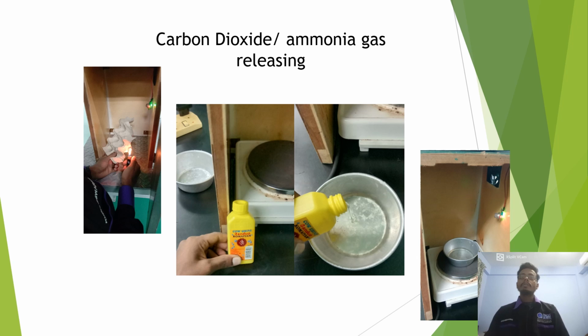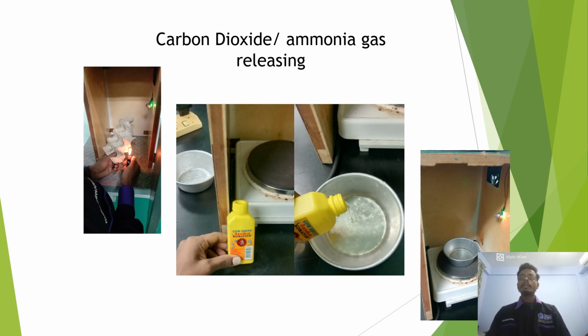Right now I'm going to explain how the carbon dioxide and ammonia gas were released in the partition. We can produce carbon dioxide by burning paper in the partition, and I did that in my partition to get the values and results for my experiment.